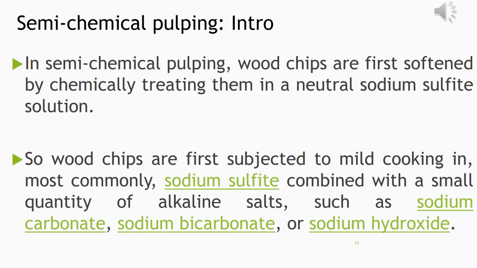Now, wood chips are first subjected to mild cooking, most commonly with sodium sulfide combined with a small quantity of alkaline salts such as sodium carbonate, sodium bicarbonate, or sodium hydroxide. These are all alkaline salts, and small quantities of them are used along with the sodium sulfide.